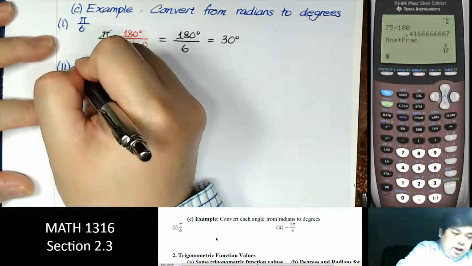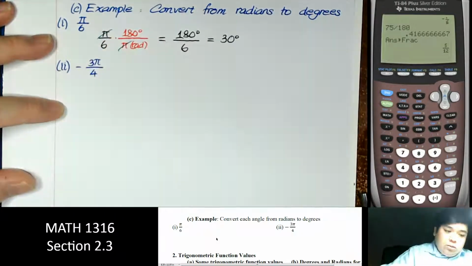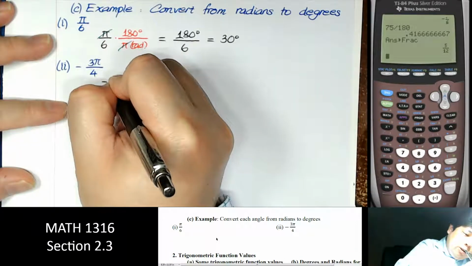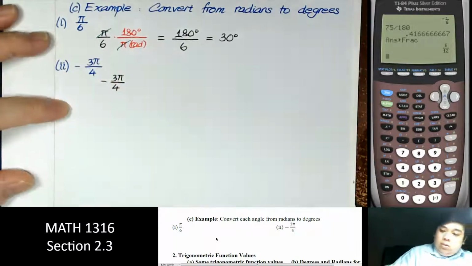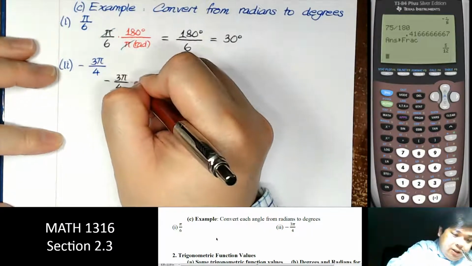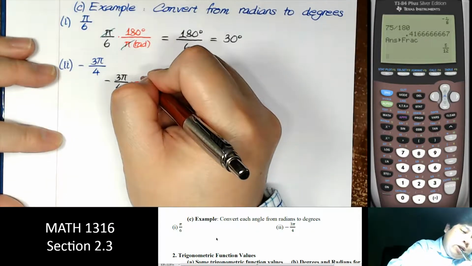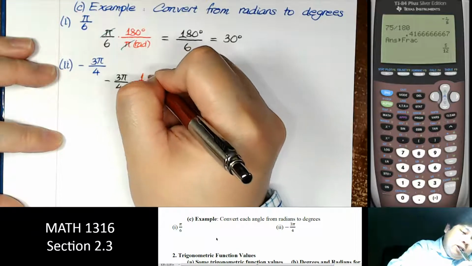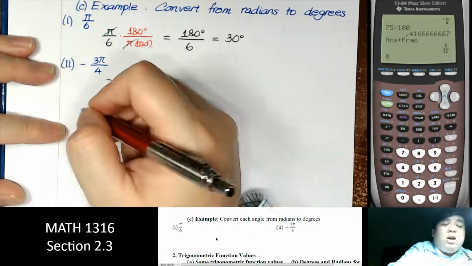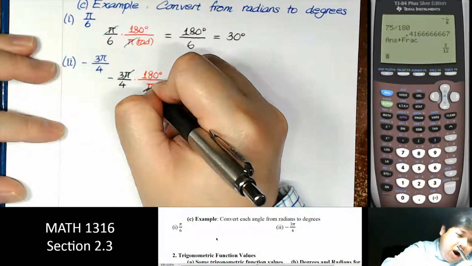Two. Negative 3 pi over 4. We convert to degrees, so we're going to put degrees on the top, and then pi radian at the bottom, or just pi, doesn't matter. The pi and the pi cancel out.